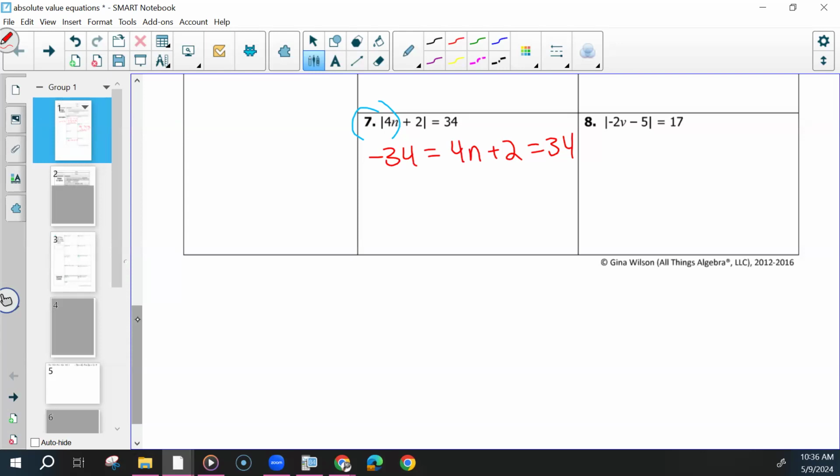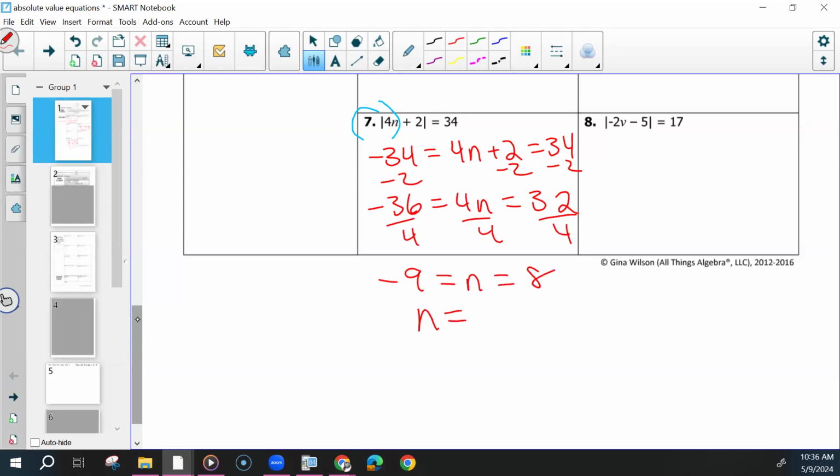Subtract 2 from all sides. And then how do I get n by itself? I'll divide everything by 3. So what would those two answers be? You would write that in your set notation with negative 12 and then the other.